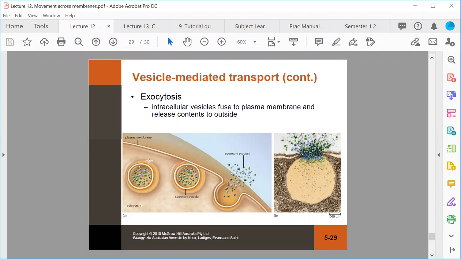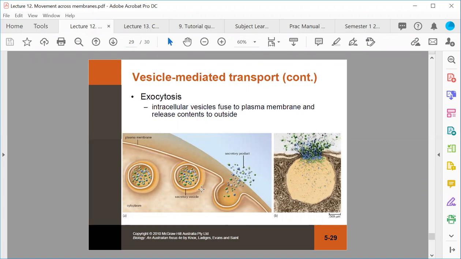So the vesicle approaches the plasma membrane. Here at the plasma membrane, the membrane of the vesicle itself will fuse with the plasma membrane of the cell. You can see that that's actually occurred here. When it fuses with the plasma membrane, the membrane opens up, and the secretory products are released from the cell.